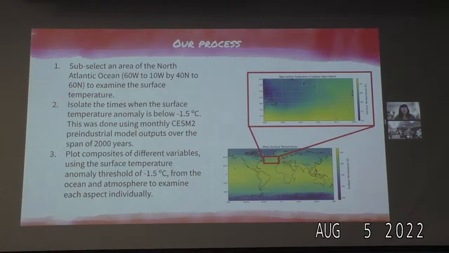So anytime that this specific area fell below that threshold, we wanted to plot what other variables looked like, and determine whether these cold blobs are atmospherically forced or forced by the slowing of AMOC.